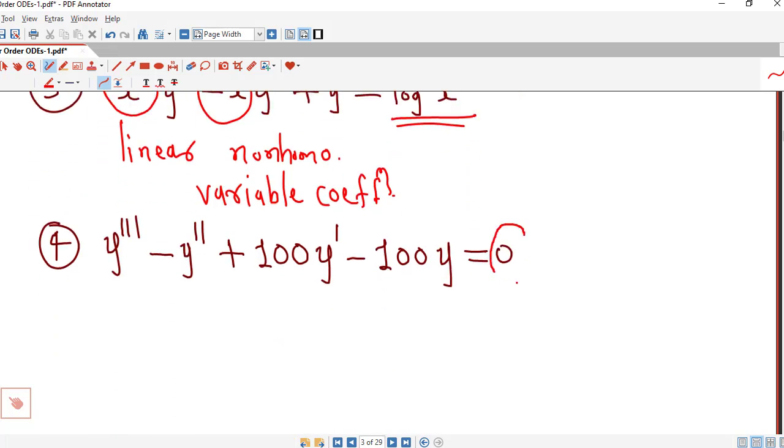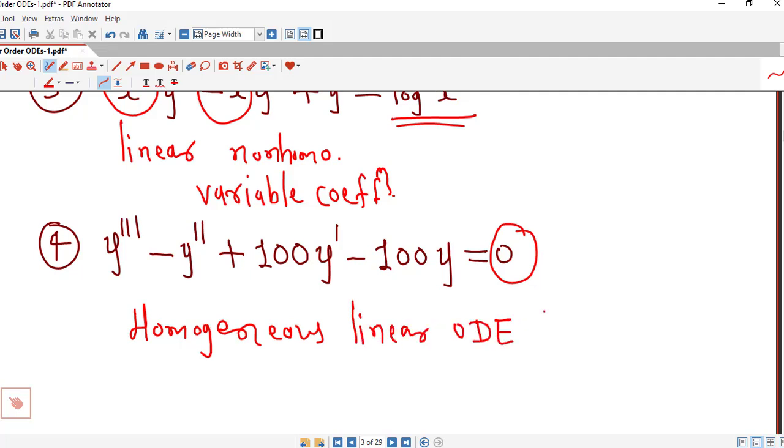And this one, because the right hand side is 0, it is a homogeneous linear ordinary differential equation. Let me check the coefficients: 1, minus 1, 100 and minus 100, so all the coefficients are constants.